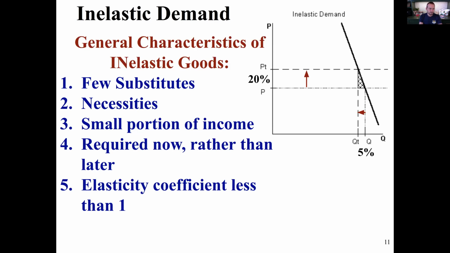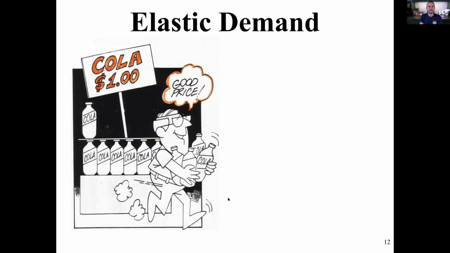So if you remember queens over peasants, or however you want to remember it, it's the percent change in quantity over the percent change in price. Like if you look at these numbers, if the change in price is 20%, and after a 20% increase in price, we buy 5% less, that has a coefficient of 1 over 4 or 0.25, so it'd be inelastic, okay? So that's inelastic demand.